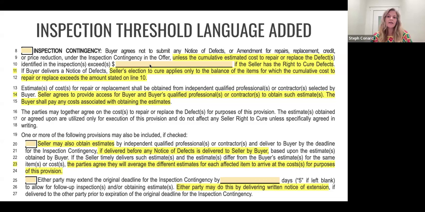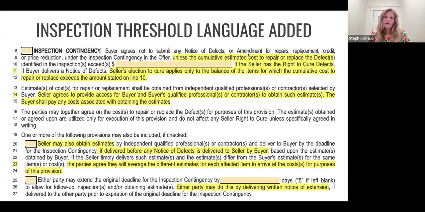So in a sense, what the buyer is communicating to the seller is, I want an inspection contingency, but I'm going to let you know right off the bat, if the total cost for the repairs comes under a certain amount, so we'll say $5,000, then I, as the buyer, will not deliver you a notice of defects, and I won't even attempt to negotiate with you with an amendment.